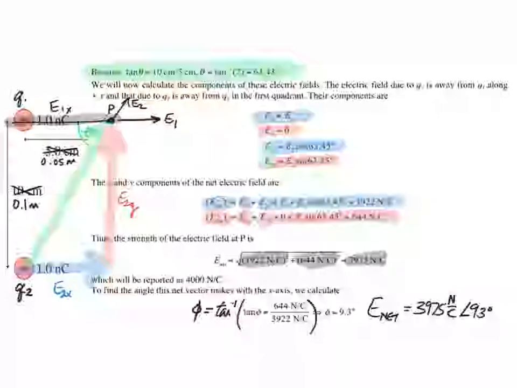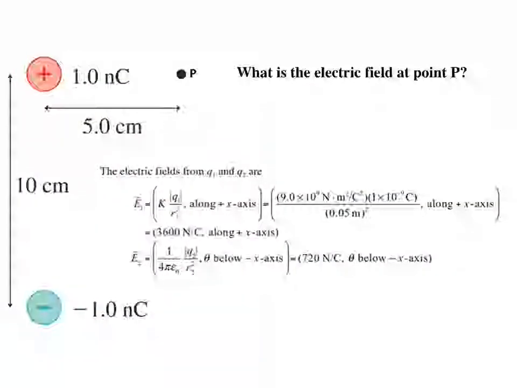All right, so the next example is the same setup, but now we're going to change the direction of one of the fields because that bottom charge now is pulling down. So this first part, identical to what we did before.